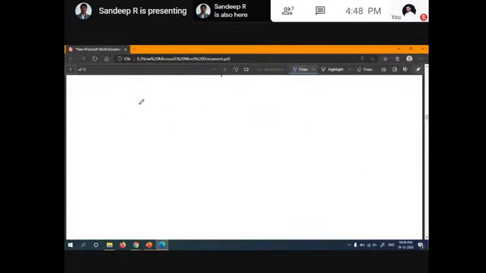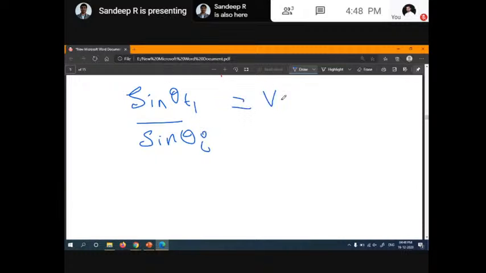Snell's law is given by sine theta T1, the medium 2 angle, divided by sine of theta I, the medium 1 incident angle, which is equal to velocity V1 by V2.